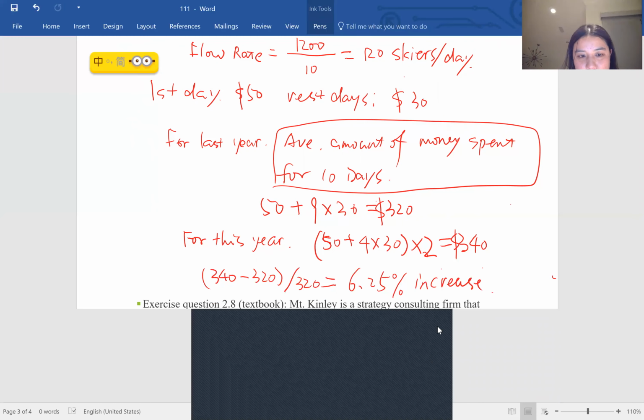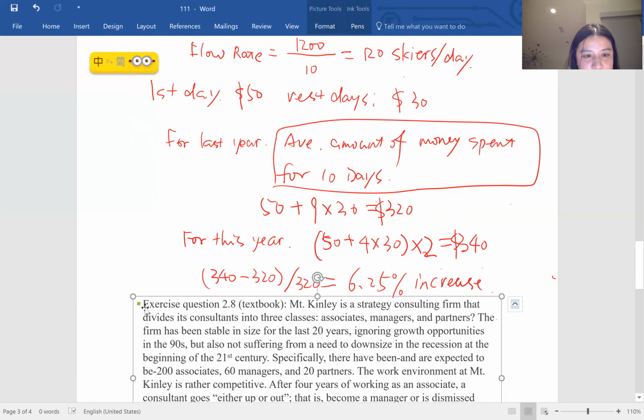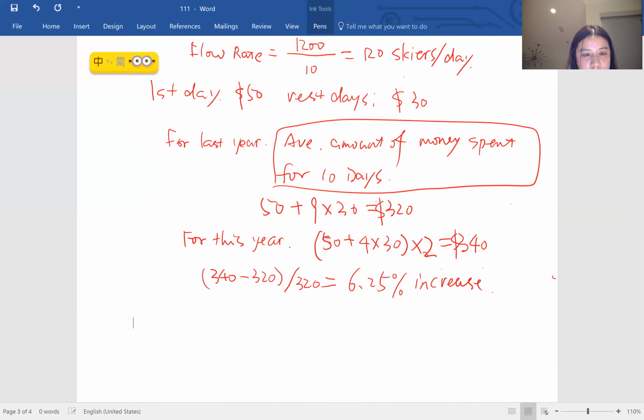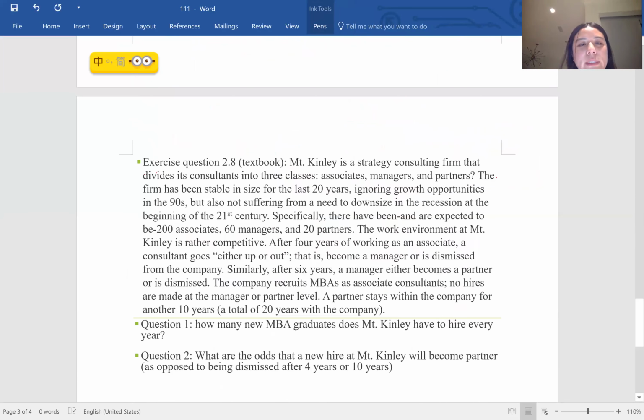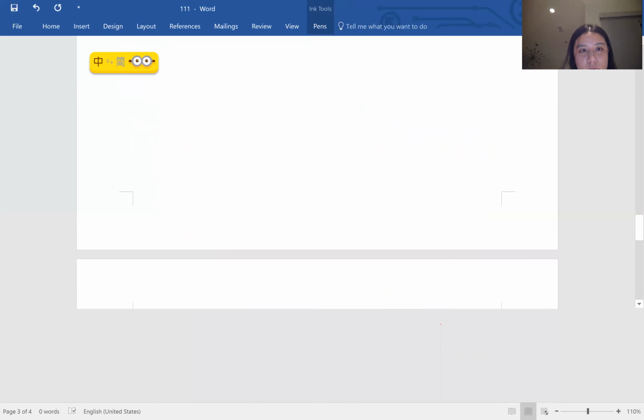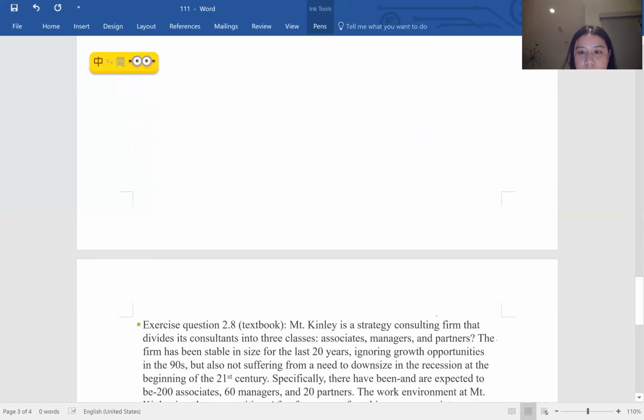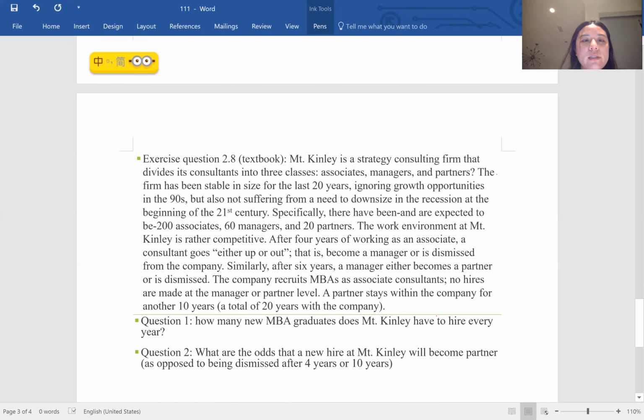Okay, let's look at the last question, question 2.8. This is a strategy consulting company that divides consultants into 3 classes: associates, managers, and partners.